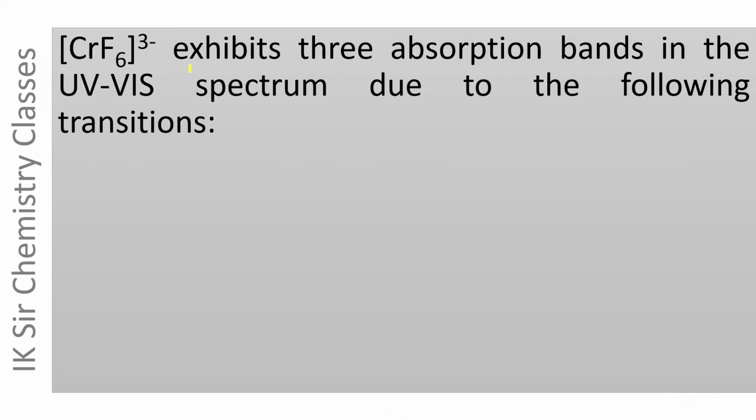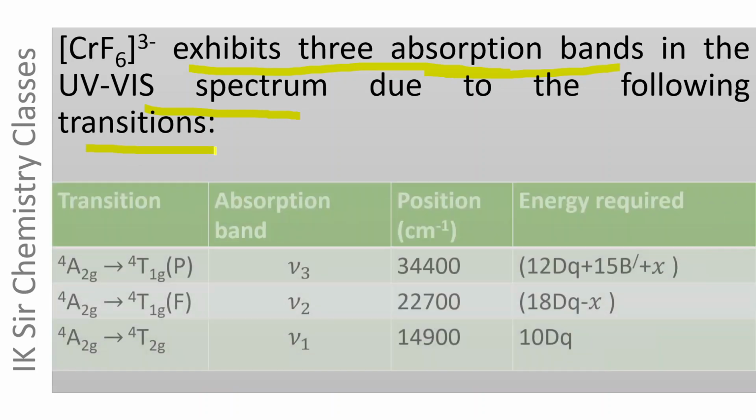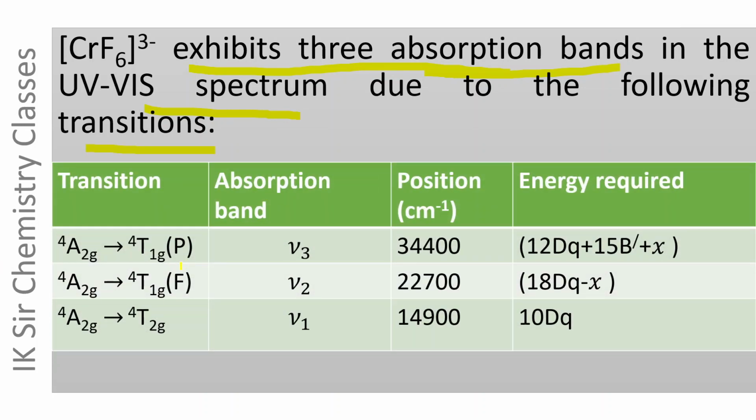CrF6 3- exhibits three absorption bands in the UV-visible spectrum due to the following transitions. As illustrated in the earlier diagram, the transition quartet A2g to quartet T2g, ν1, is obtained at 14,900 cm⁻¹, and the energy required for it is 10 Dq.